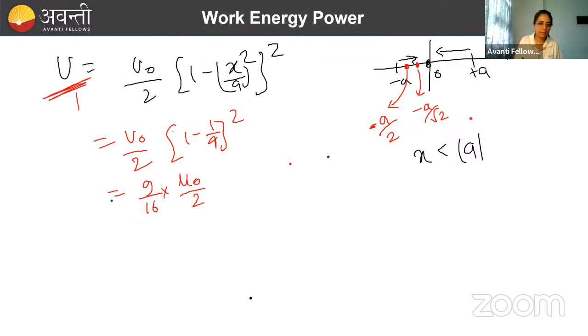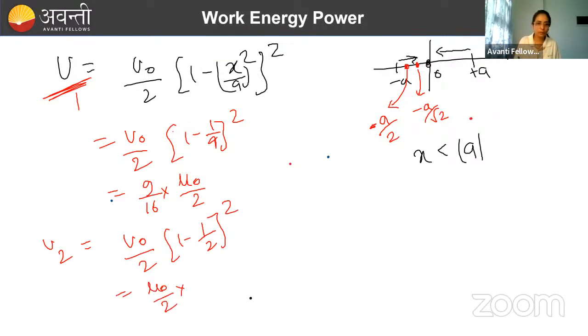So one value we have calculated. Second value, let's check: put -a/√2, U0/2 times (1 minus a/√2), so that will become 1/2 squared. So the value we are going to get is U0/2 into 1/4.